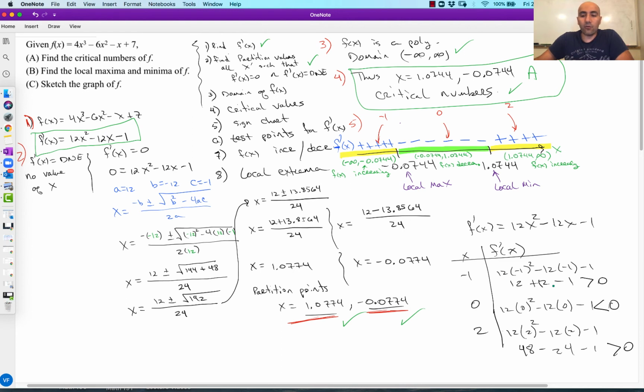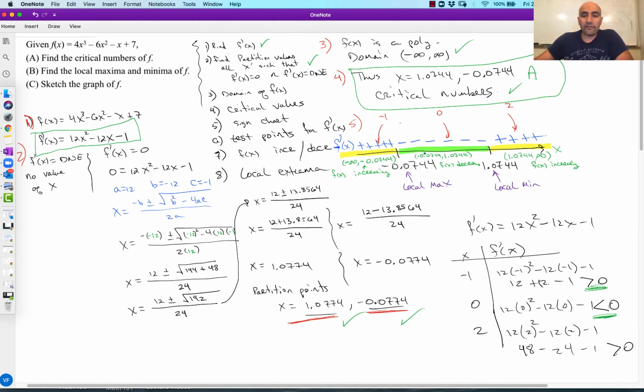When we tried -1, we saw that it was definitely positive, right? We got like 23. So that's why we can conclude that all of these are positive. When we tested 0, we can conclude that we got a negative. And so the first derivative is negative in that zone. And then when we tried 2, we see that it's positive in that zone.